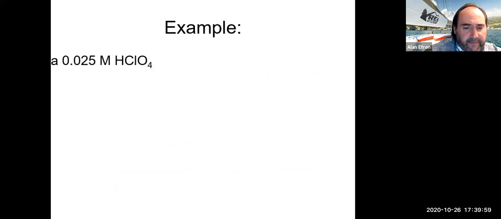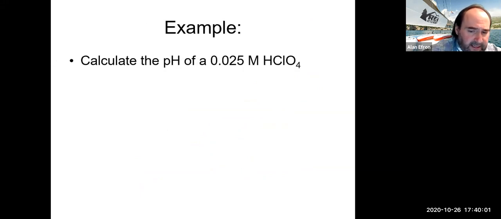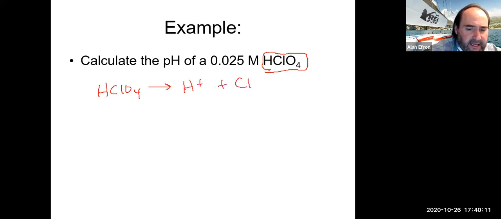So looking at another example here, this again is perchloric acid, also a strong acid. When that would break apart, it would break apart into H plus and ClO4 minus. Again, here, in terms of pH, it is the H plus that's the most important. So if we know that this is 0.025 molar, it's a 1-to-1 relationship between these two.